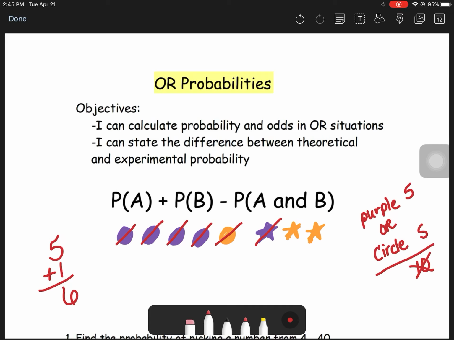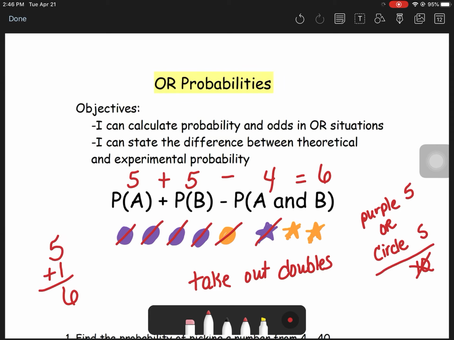We could also say that I have 5 purple, I have 5 circles, but I'm going to take away the ones that I counted twice, no double dipping, and that answer would be 6. So we can either count or we can use our formula where we make sure we always take out our doubles. In other words, don't count them twice.